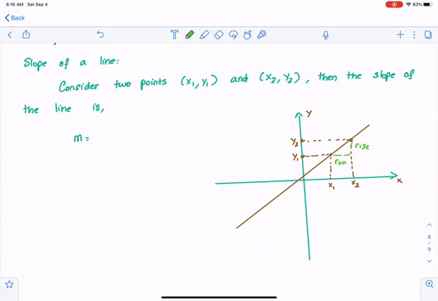So what is the rise part? The rise part is the distance between the 2 y points, so y2 minus y1. The run part is the distance between the x points, x2 minus x1. By distance, I simply mean the length between x1 and x2. We find that simply by doing x2 minus x1, and similarly for y, we do y2 minus y1.